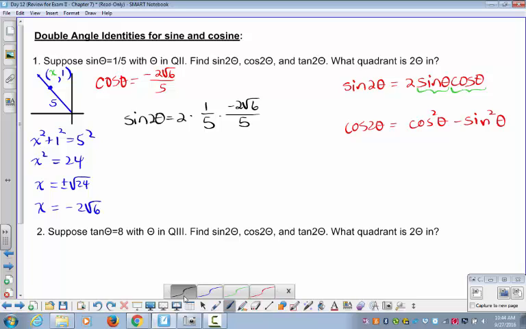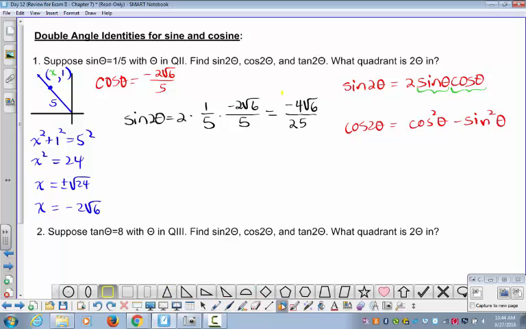If you write it the way I just wrote it, make sure that negative sign is tucked up there in the numerator so it doesn't look like you're subtracting. And then our final answer here, we will get 2 times negative 2, so that's negative 4 square root 6, all divided by 25. That would be our answer for sine of 2 theta.